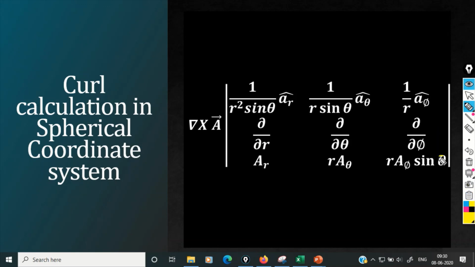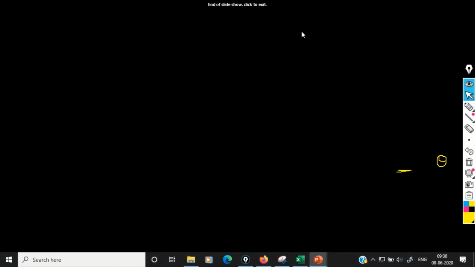This is sine of theta. So this is the component r sine theta multiplied by the A phi cap, that is the component in phi direction. So this completes the concept of curl. Thank you.